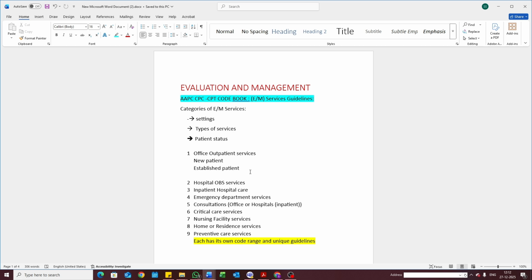Later, hospital observation services, inpatient hospital care, emergency department services, consultations, office consultations and inpatient consultations, critical care services, nursing facility services, home or residence services, preventive care services. Remember one thing here: each service has its own code range and unique guidelines.